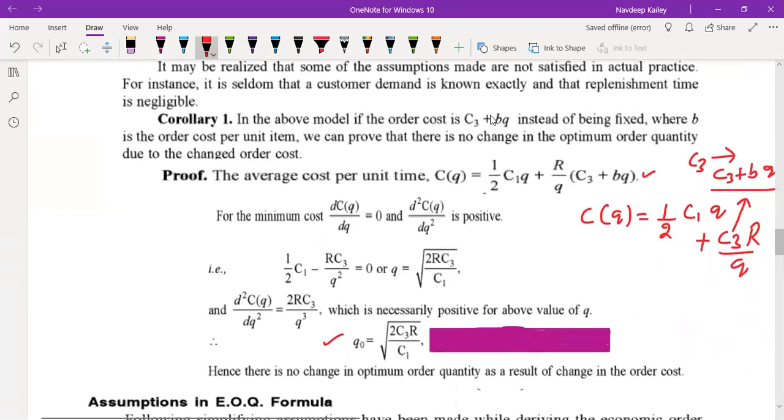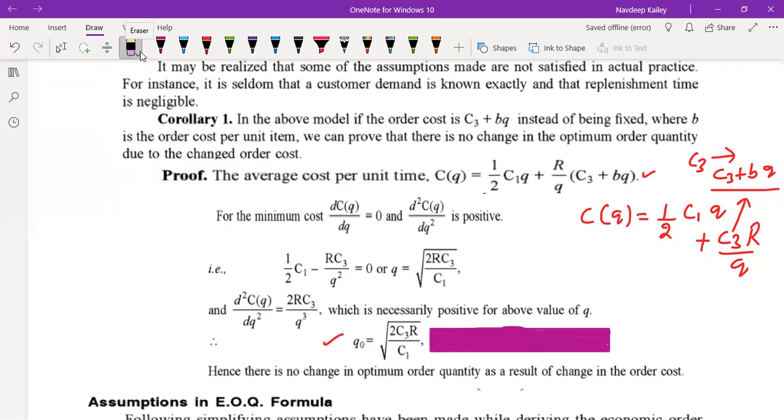After the ordering cost is changed, again the optimal quantity is square root of 2 C3R upon C1, which is the same as above. Hence, there is no change in optimum order quantity as a result of change in the order cost. Now, there are some assumptions of economic order quantity models, and also some limitations. Let us discuss one by one.